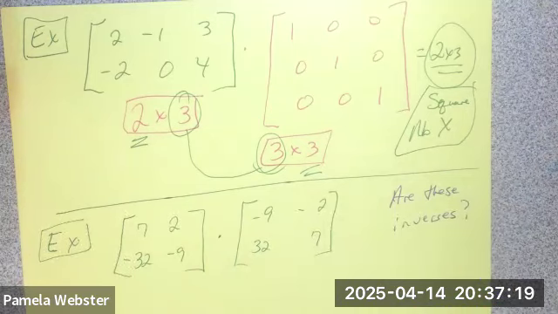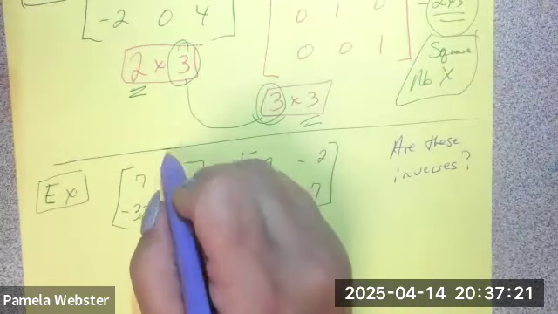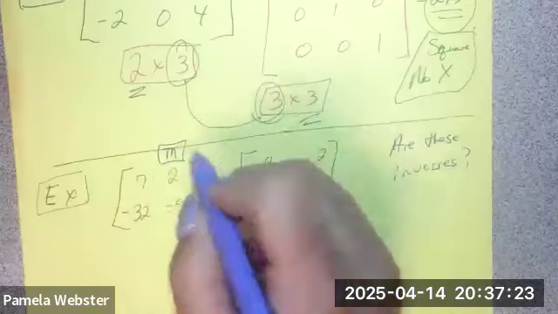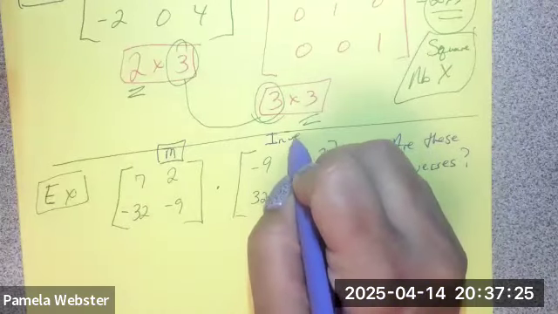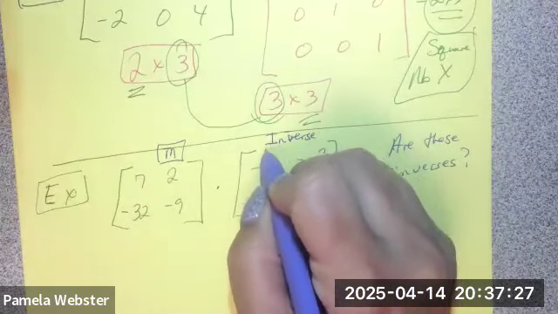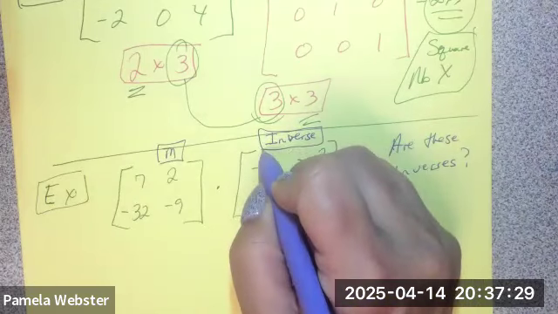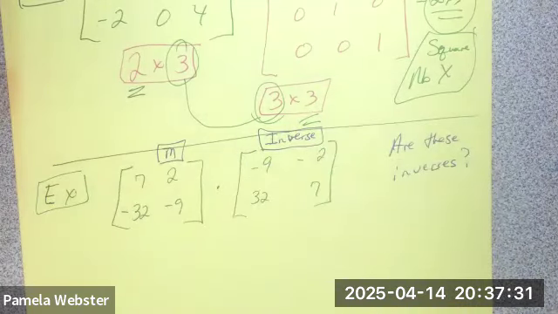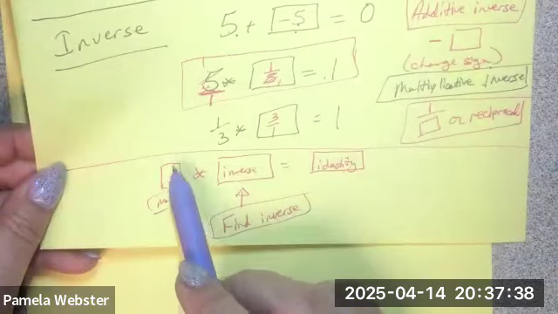So if this is my original matrix, here's my M, then what they're saying is this might be the inverse. And they want me to find out if it's true or not. Is that the inverse? Well, how do I find that out? Let's go back to what we talked about earlier.